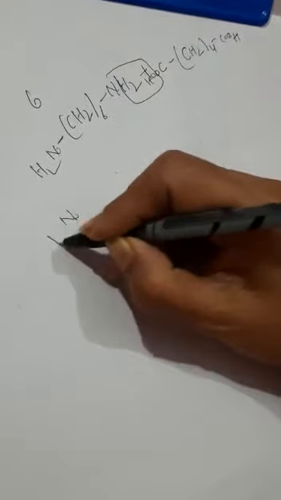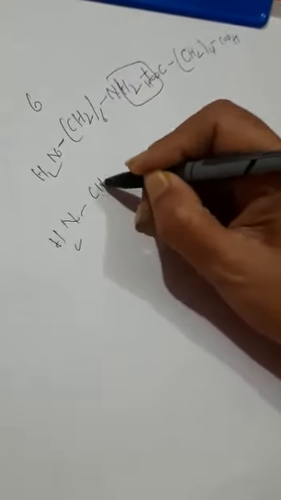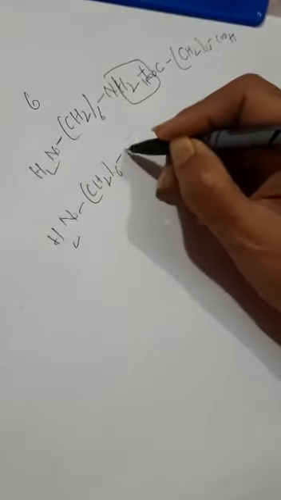If the reaction takes place with adipic acid, this is (CH2)4 with COOH at both ends. There will be elimination of a water molecule and nylon 6,6 will remain, that is [(CH2)6 NH CO (CH2)4 CO], and it will be the repeating unit.